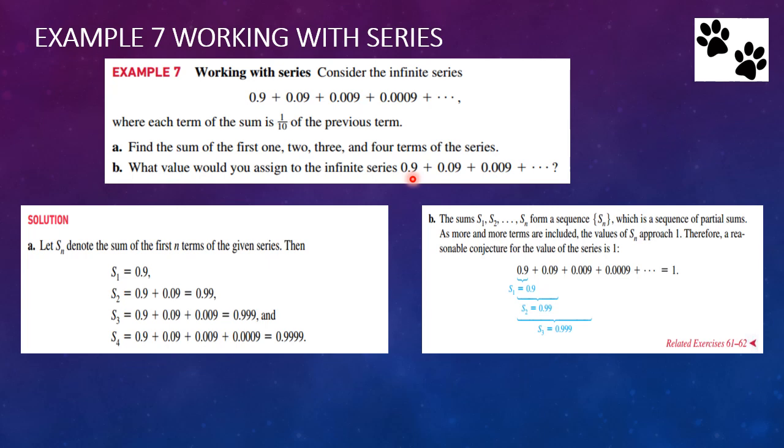Well, this is going to be 1, right? You can see that each time we're getting closer and closer to 1. These 9s are going to go on forever in an infinite series, and so the value would be 1. Next, we're going to look at how we take this and make a formula from it, and how that helps us work through some more infinite series.